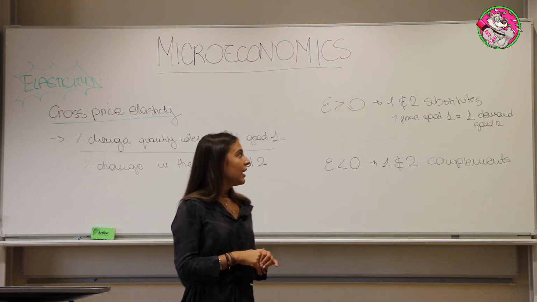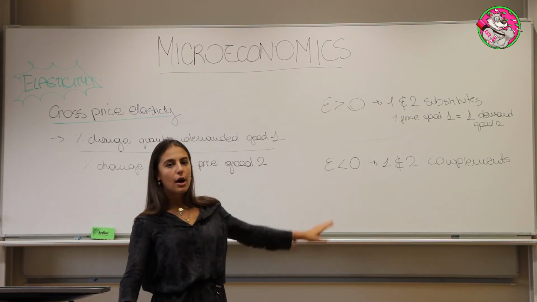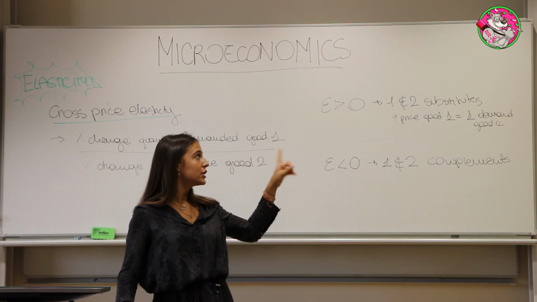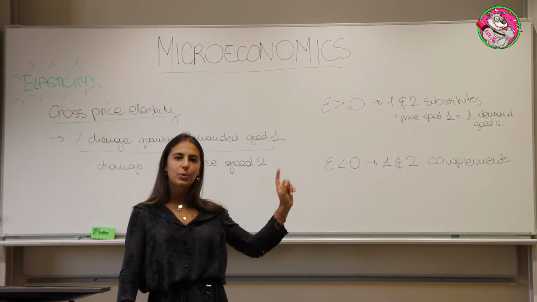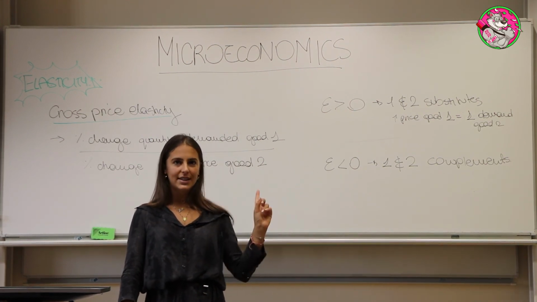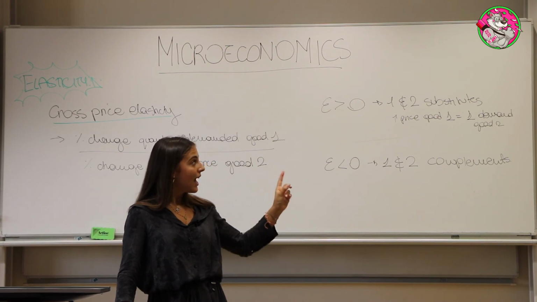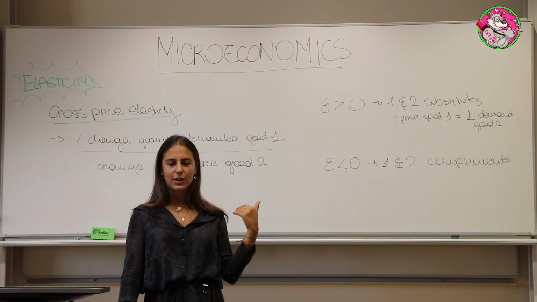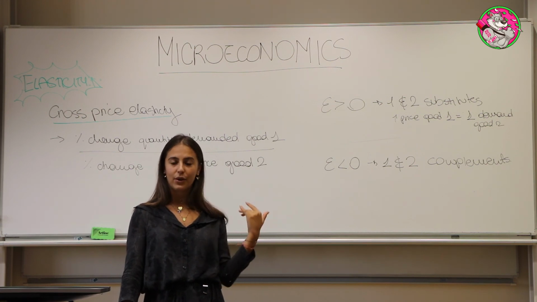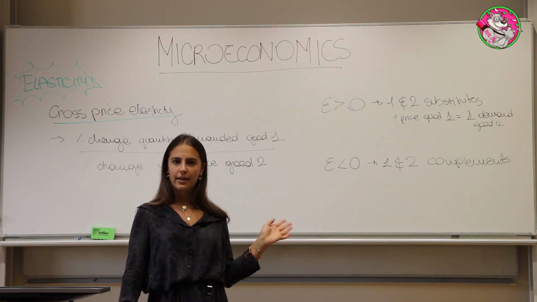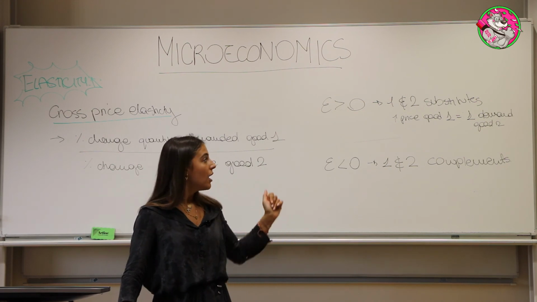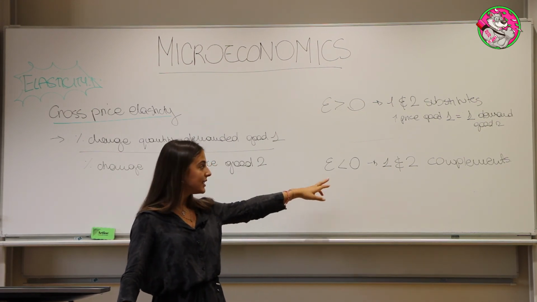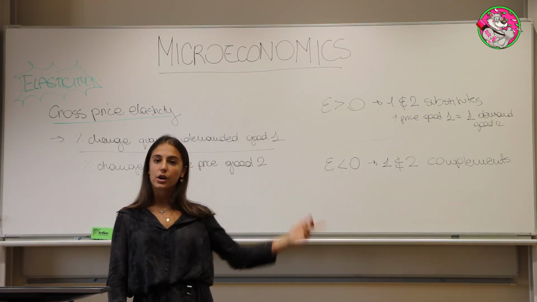And if this number is more than 0, it means that good 1 and 2 are substitutes. So if the price of good 1 rises, then the demand for good 2 will rise as well, as I told you with the example of milk and orange juice in the demand video. While if this number is lower than 0, then 1 and 2 are complements.